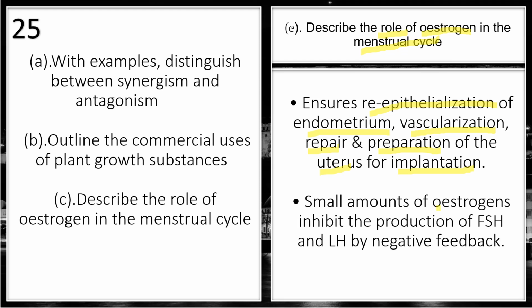Small amounts of estrogen inhibit the production of follicle-stimulating hormone and luteinizing hormone by negative feedback.